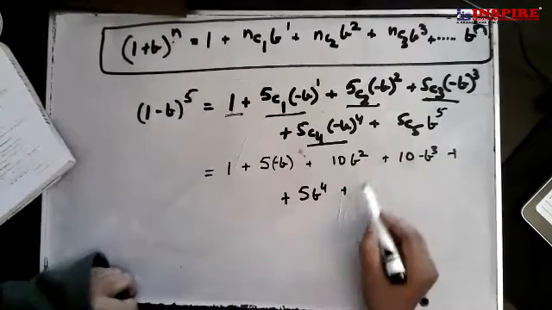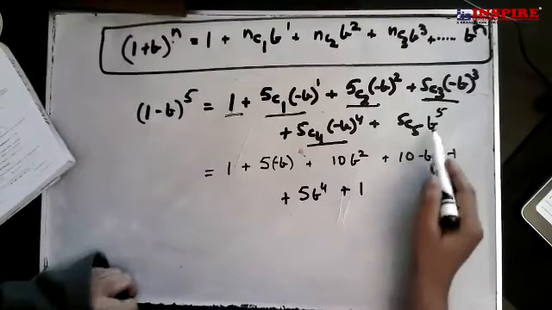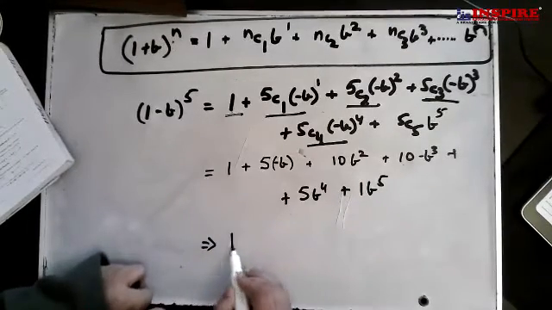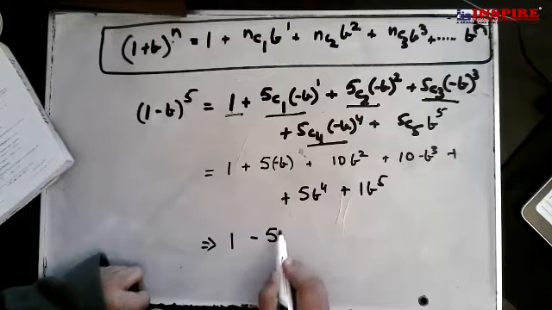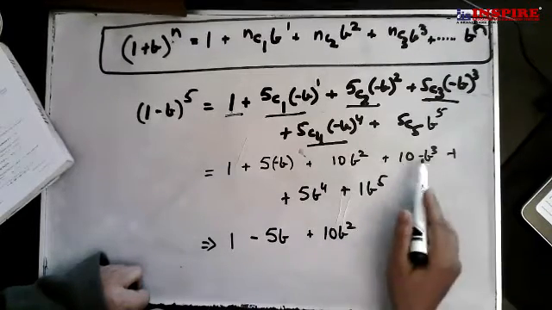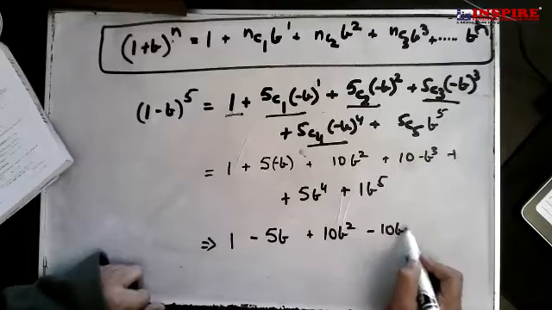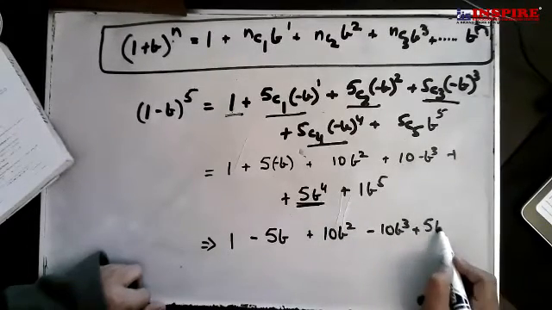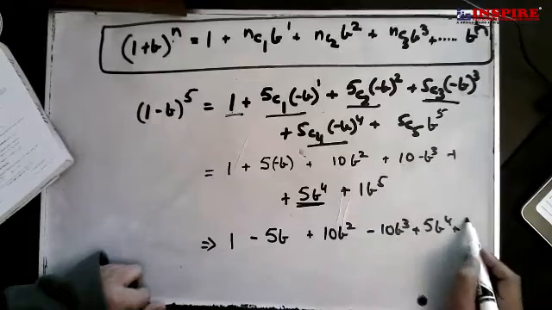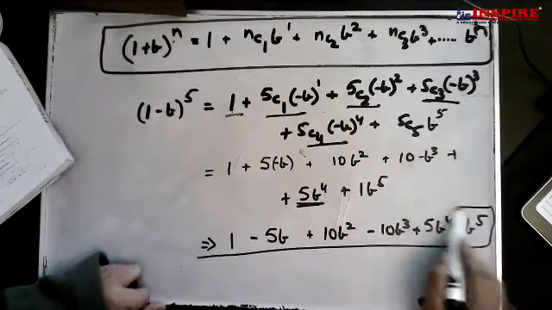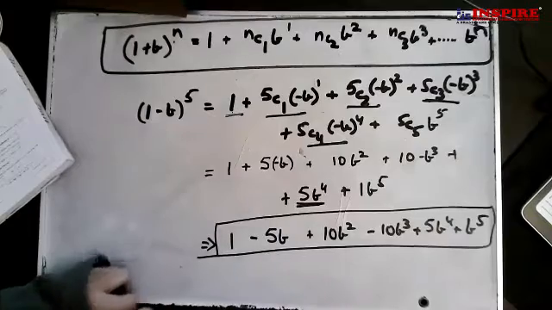So 5C5 is 1. b to the power of 5 is b to the power of 5, which can now be written as 1 minus 5b plus 10b squared minus 10b cubed plus 5b4 plus b to the power of 5. This is your entire expansion.